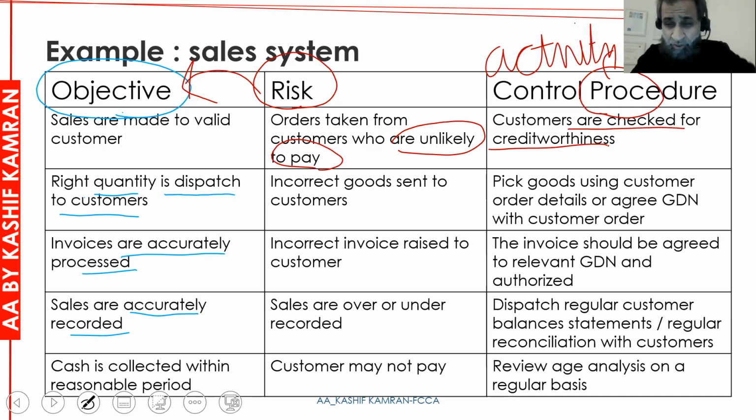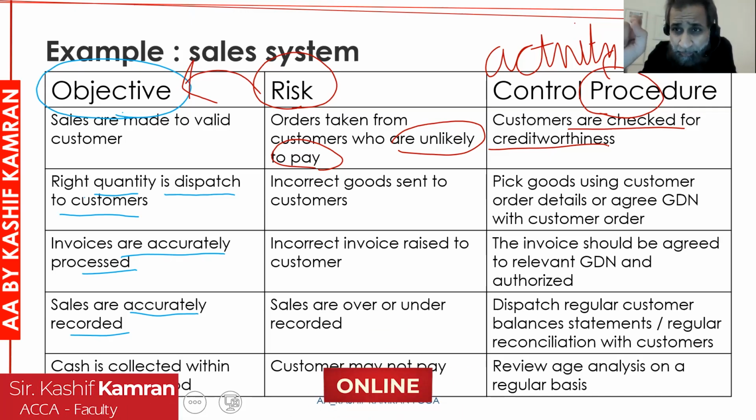If a customer comes to you and says, I want to buy from you, we are talking about large customers, not customers like me and you. If the customer asks to buy on credit, you will say, okay, let me first check your creditworthiness. Are you worthy to pay on time? And if you're a credit worthy customer, I will give you the goods on credit. So checking customers for creditworthiness beforehand is a good activity.